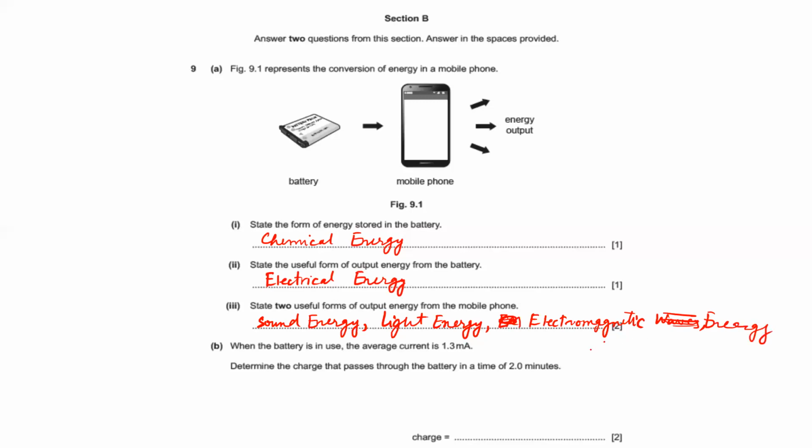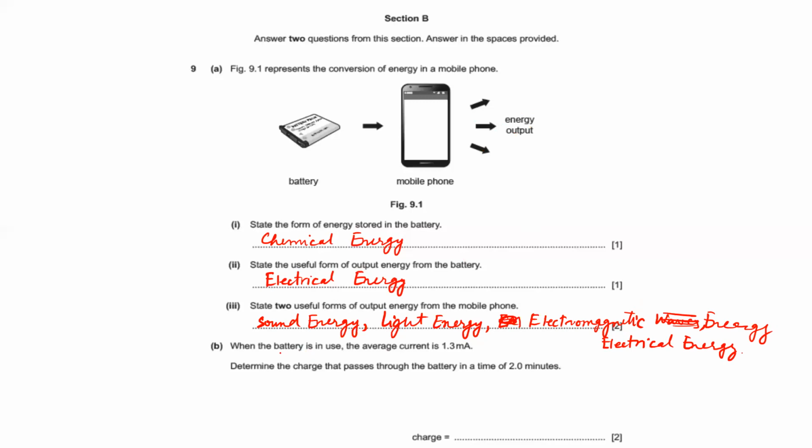We can also, for example, charge something else or use this as a source of electricity, so you can also say electrical energy. These are some of the forms of energy we can take from the cell phone's output.